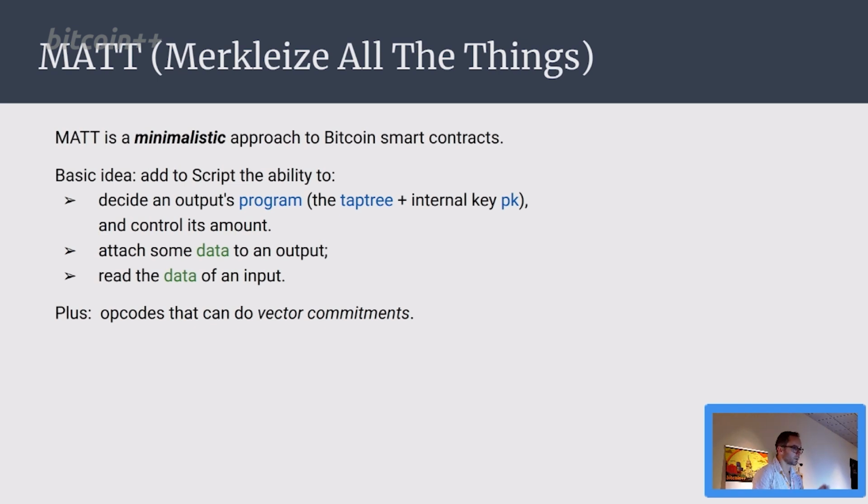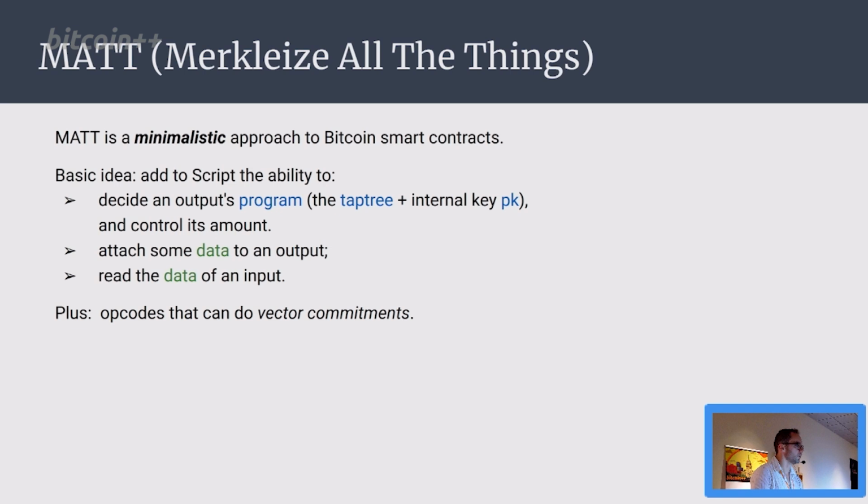What we want, the core primitive to achieve the capability that I call sMATT, is to be able to specify the program of the output. So what is the script that the output should have? In a taproot world, the script is basically the internal key and the tap tree, the set of all the possible spending conditions.